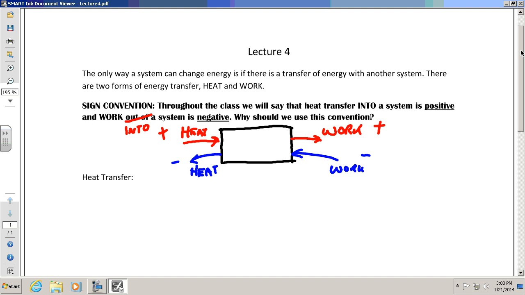Because as I explained before, one form of work is electrical energy. Whenever you plug anything into the wall, you get work. You plug it in, it gives you work. We call electrical energy, electricity, right? But it's basically thermodynamic work. And if you have a space heater, you plug it in, so you put work into the heater, and it gives you heat. You're happy to do that on a cold day.